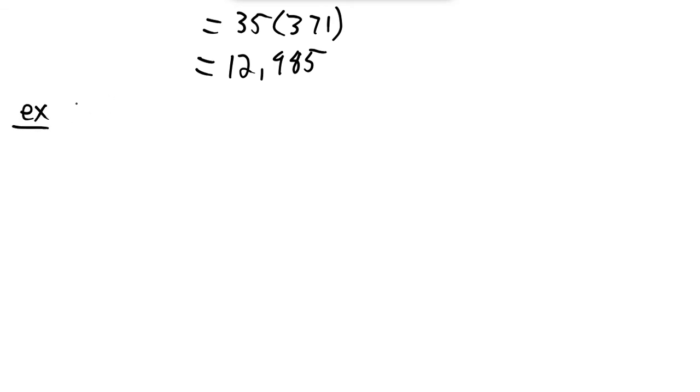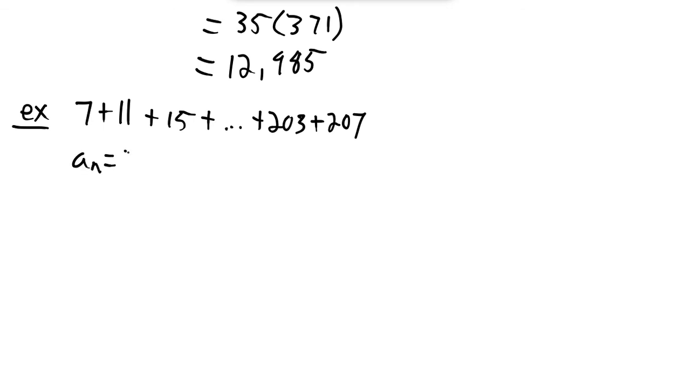So let's say you have 7 plus 11 plus 15 plus, and we'll go all the way to 203 and 207. All right, so what is this going to be? Let's look at what the explicit form is going to be first. So a sub n is going to be 7 plus, what are we adding each time?